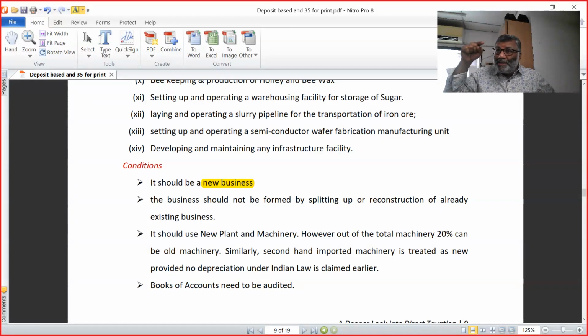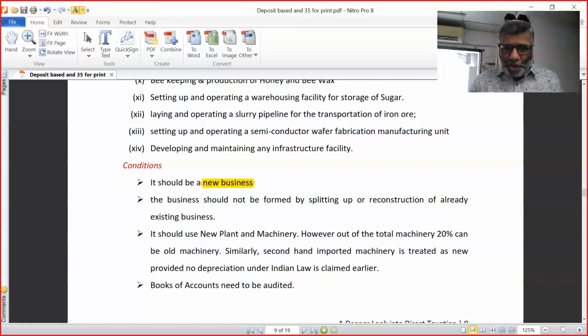An imported second-hand machinery, from this section onwards, what is new? The definition itself is that depreciation on such machinery is not claimed under Indian income tax law. It becomes a new machinery. If depreciation is not claimed, imported second-hand machinery will be taken as new machinery.